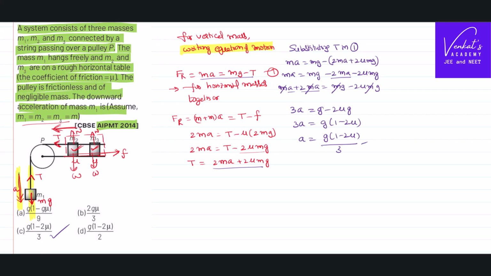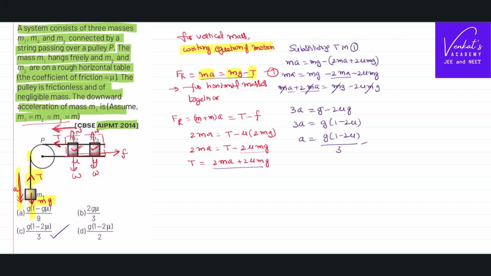Consider the force acting against the motion as negative. See, ma is downward. mg is also downward, so I have treated it as positive. Tension is upward, always towards the point of suspension, against the motion, so I have treated it as negative. Once you understand that, solving problems on connected bodies becomes very easy for you.